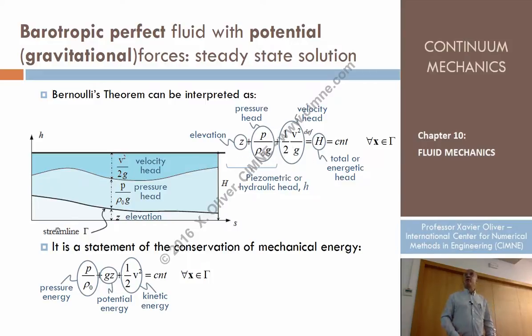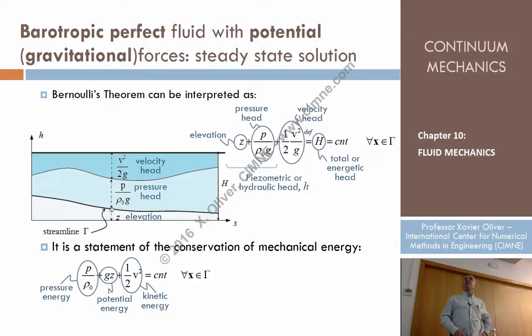So for every point of the development of our pipe, this is just an elevation map, right? But this can also have two coordinates. So at every point, we can compute the elevation. Imagine that we can measure the pressure, and imagine that we can measure the velocity.